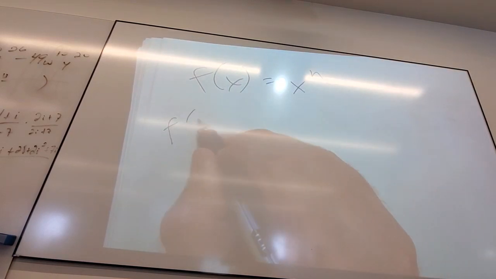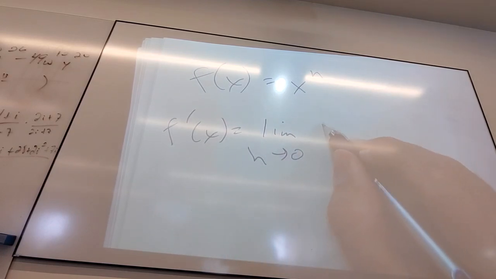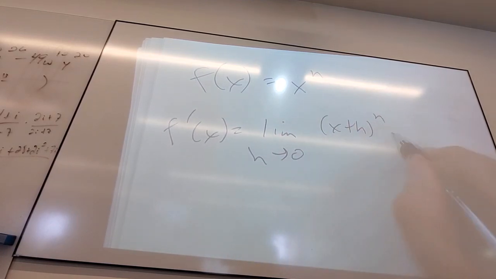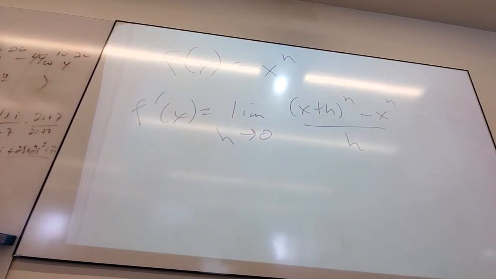Now to find f prime, I've got to do this. Are you all with me? So instead of a 3, I have an n, yes? Just the exponent. Okay.